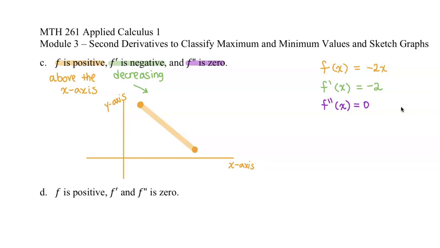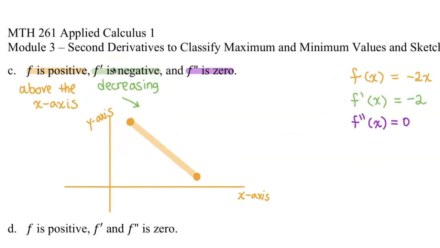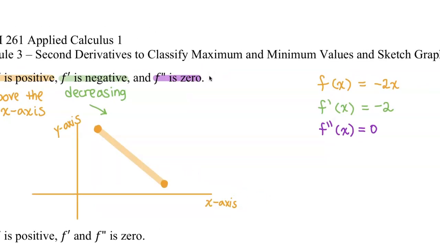So we will say, hey, I'm just going to make a piecewise function, a piece of a graph with some domain restriction, okay? But this function has to be above the x-axis to be positive, has to be going down, so that its first derivative is negative, but it has to be a straight line function, so that when you take the derivative twice, the second derivative comes out to be 0.